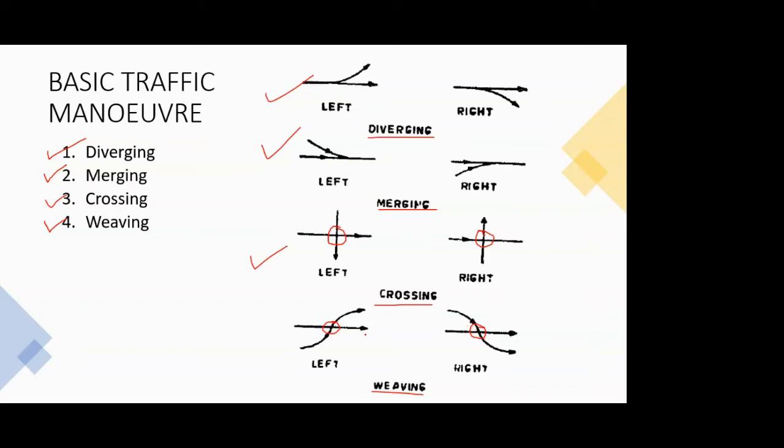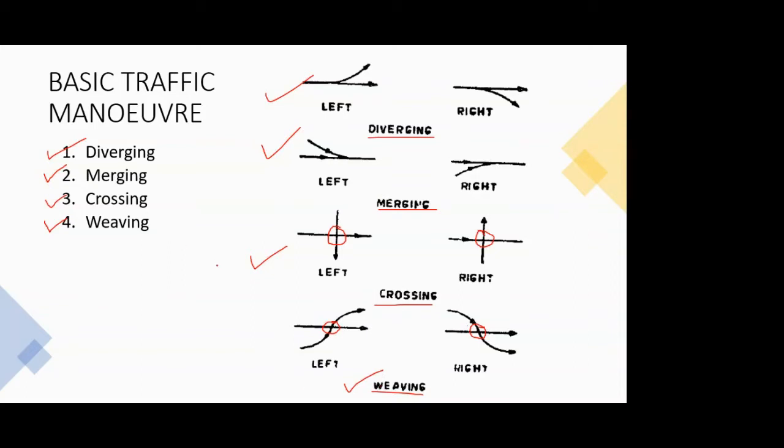As a designer we are controlling their speeds, and then both vehicles can move simultaneously and cross each other's path. So that is a weaving maneuver. This we will see from an example when I discuss the rotary intersection.